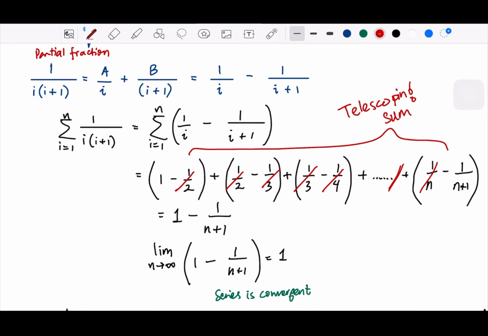So sometimes, if you think it could work as a telescoping sum, you need to try a few terms. Maybe try 1, 2, 3, 4, and see the terms. If you see that maybe this will be cancelling out, you can simply make some conclusions about your series.